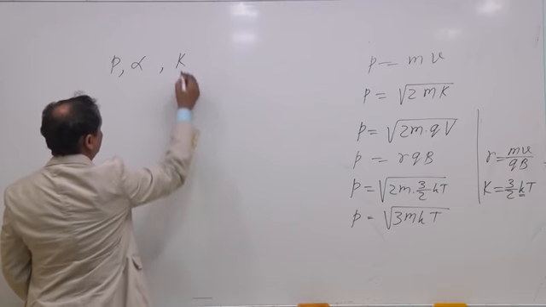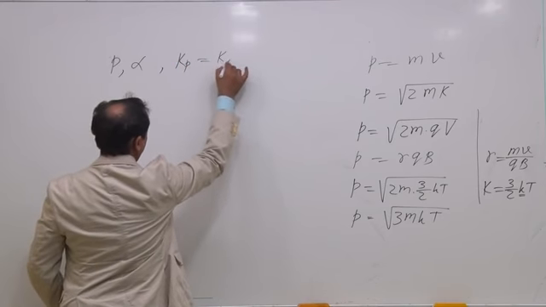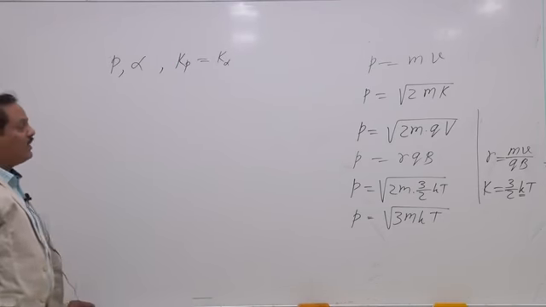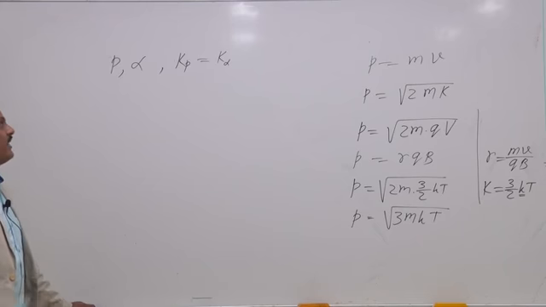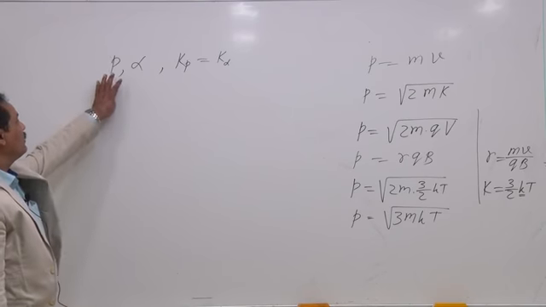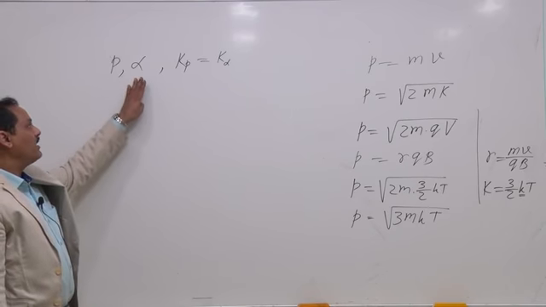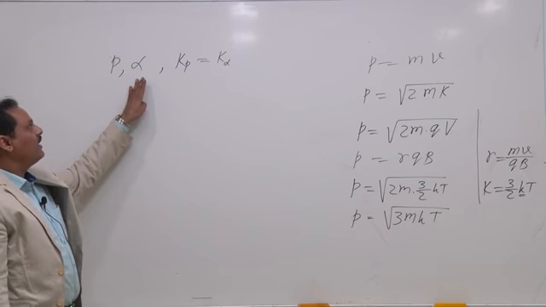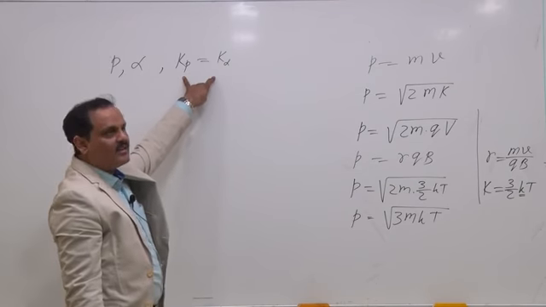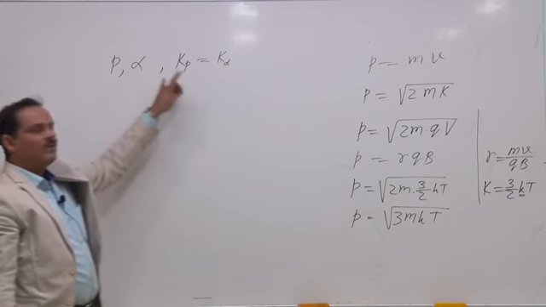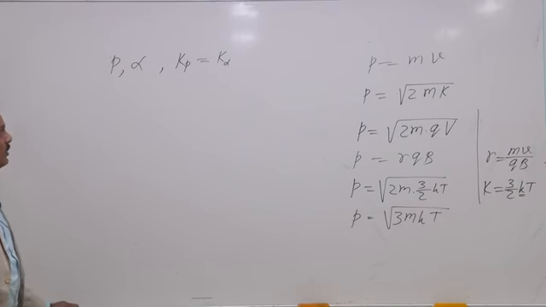Their kinetic energies, Kp and K alpha, are equal. Then find the ratio of their de Broglie wavelengths. So, the proton and alpha particles are moving with the same kinetic energy in a magnetic field. They are moving in circular orbits.